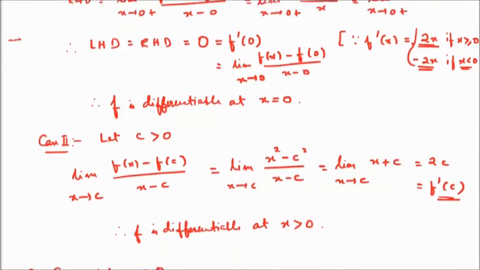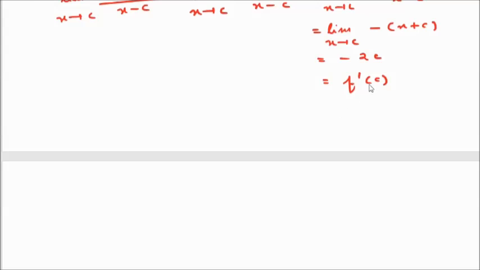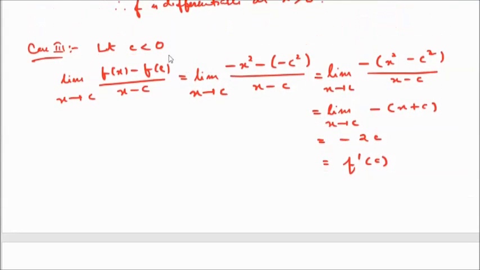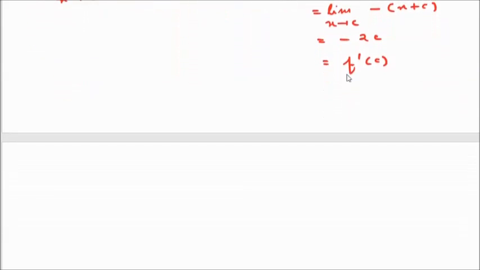So my f dash of c will be minus 2c because c is negative here. Therefore I can say f is differentiable at x strictly less than 0 points.